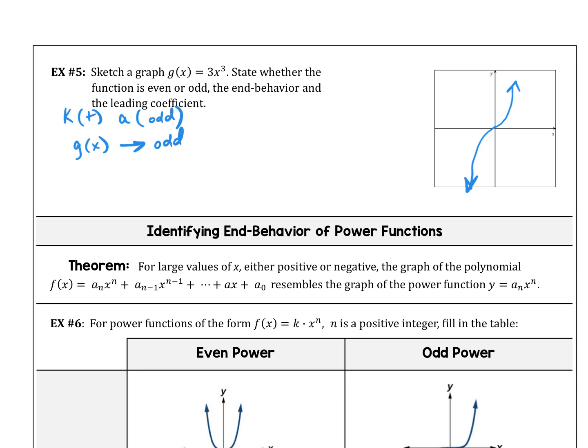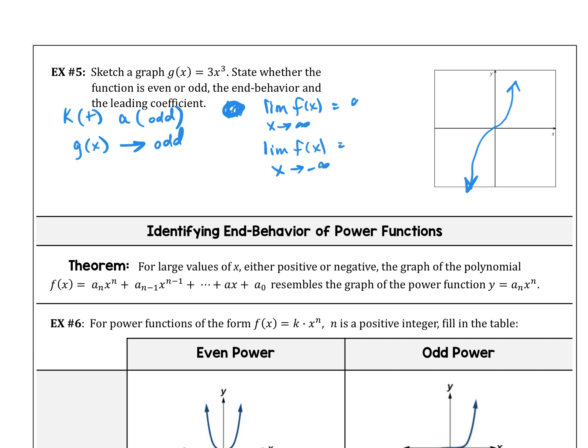Okay. What's the end behavior? The limit. As x goes to positive infinity, what is this thing doing?